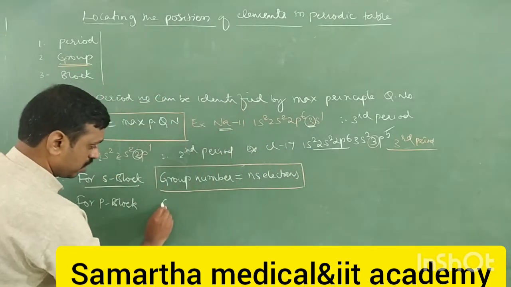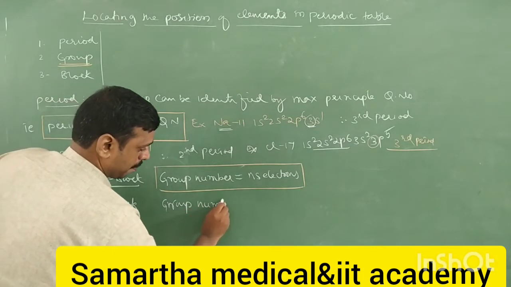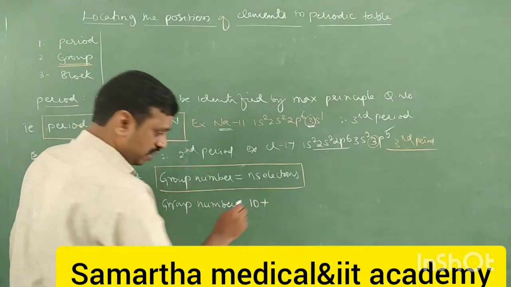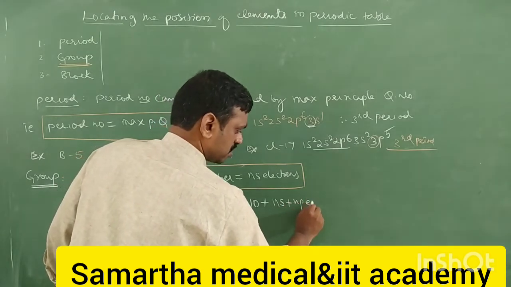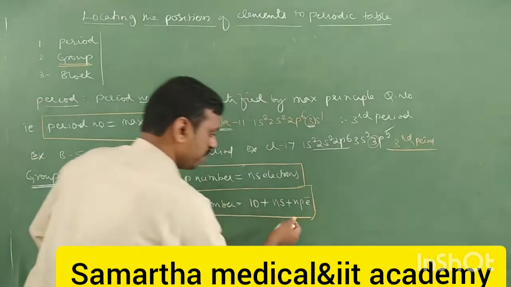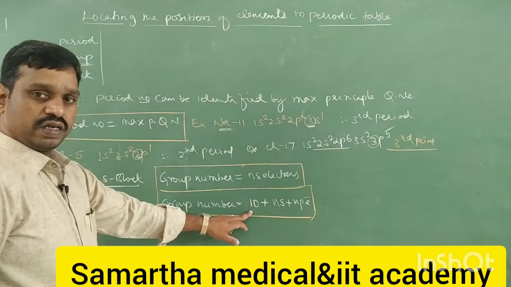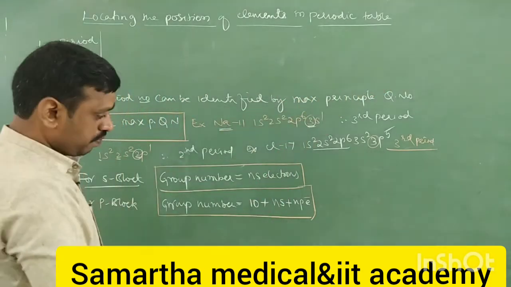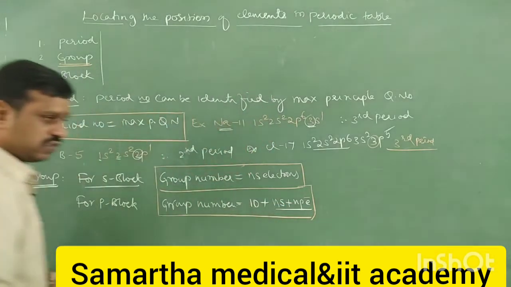So here group number equals 10 plus the valence electrons, that is ns plus np electrons. Important: why are we adding 10 here? This 10 is for the d block elements, because after the d block no electron goes to d or f. So group number is 10 plus ns plus np, and this ns plus np is nothing but the valence electrons.